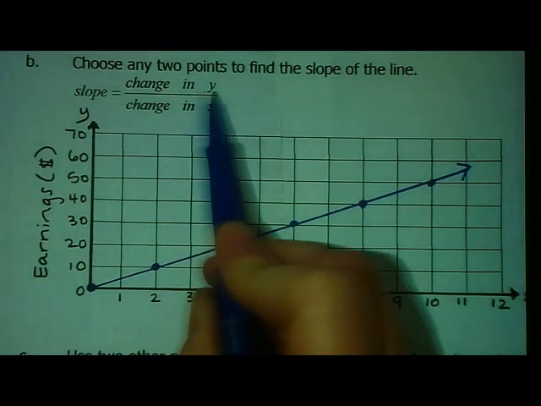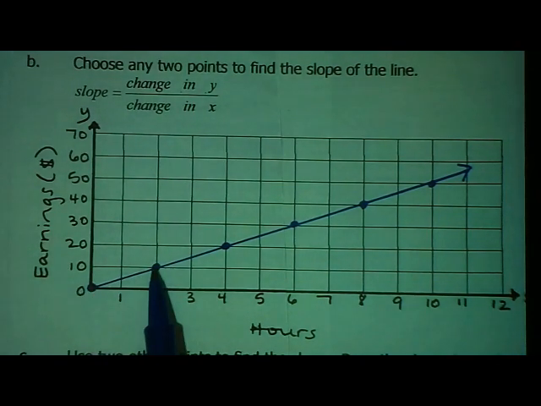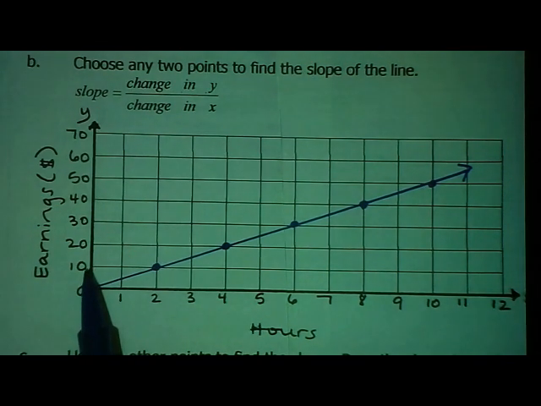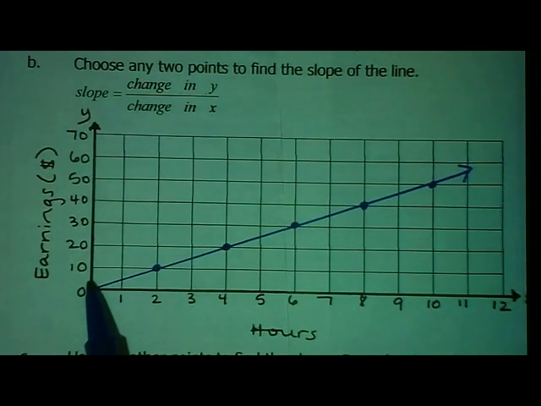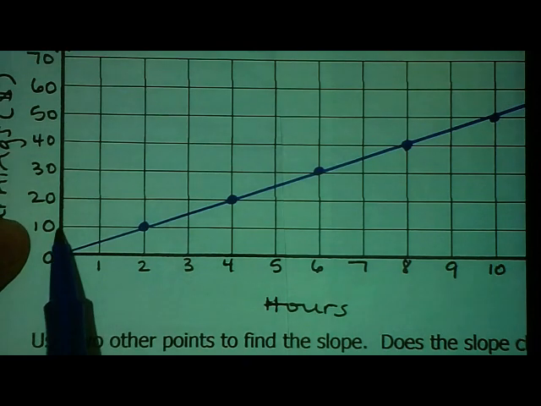My change in y on my y-axis to get from (0, 0) to (2, 10), if I were counting, I would be counting up one line. It's very important, like Mrs. Trombley said yesterday, that you look at what your number scale is. Up one line means a change of 10.